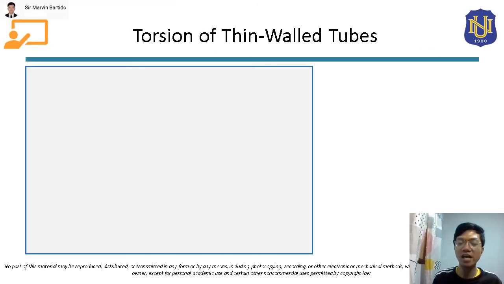We are already done with our discussion about torsion of circular and non-circular solid shafts, so we are now going to proceed to our discussion about torsion of thin-walled tubes. Thin-walled tubes, class, are hollow tubes, meaning there is a hole in the cross-section of these tubes.